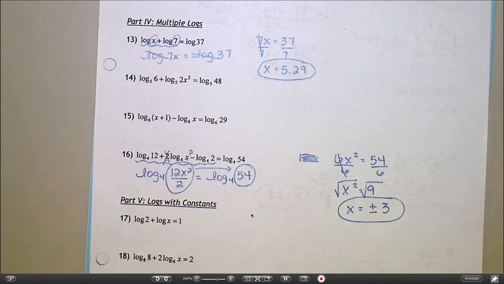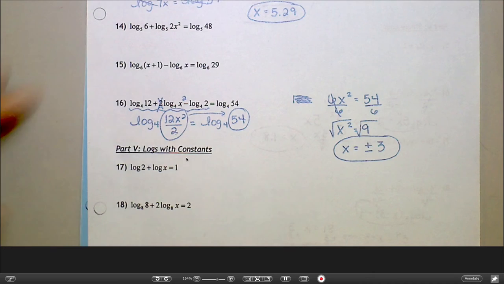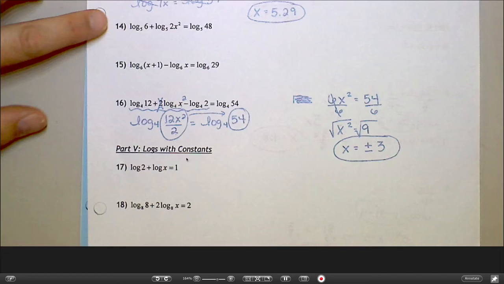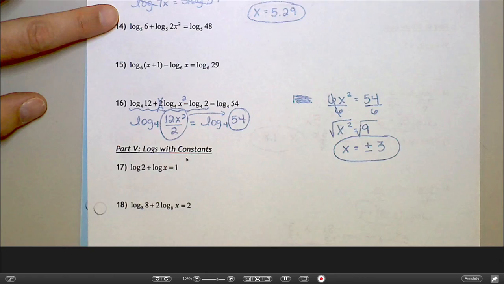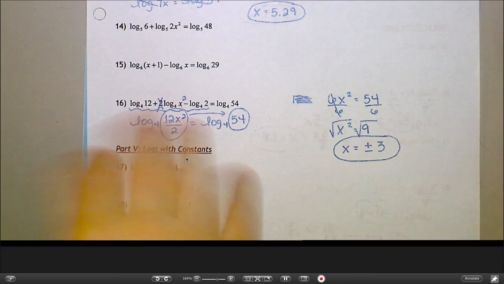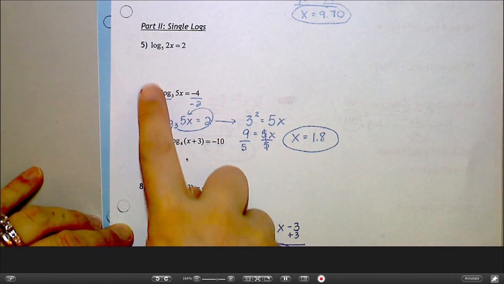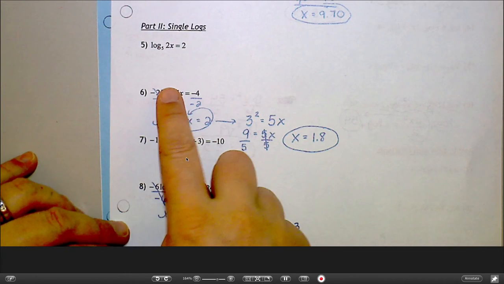Okay. And part 5 is really just kind of the same thing we did up here, where we combine the logs. So we're going to combine the logs, but then instead of having log equals log and dropping the logs off, it's going to go back to being more like this one, where you write it as an exponent when you're done. Okay, because it's just equal to a number on the other side.